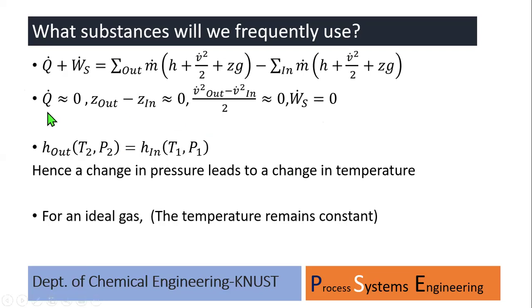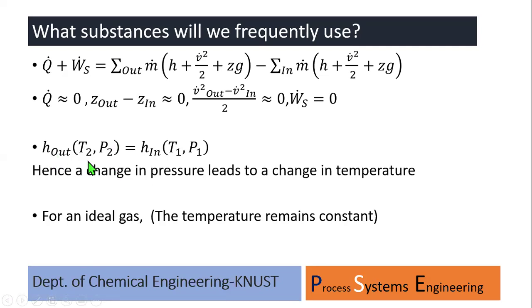So if we cancel out all those terms from our general equation, we'll just be left with the enthalpy term. That means that for throttling valves, the enthalpy coming in would be equal to the enthalpy moving out. So the enthalpy before it meets the valve would be equal to the enthalpy after it leaves the valve. Now, we know that enthalpy is a state function and it depends on temperature and it depends on pressure.